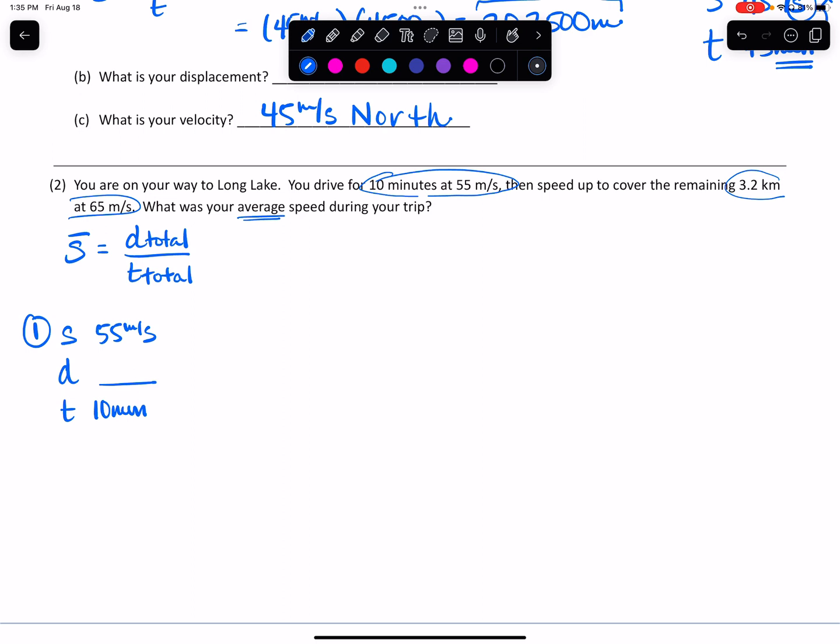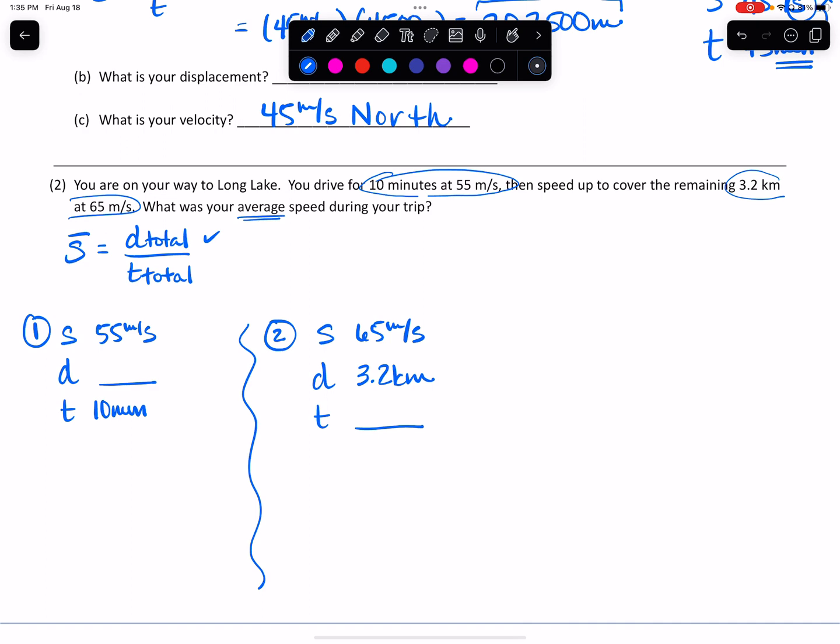For leg number two, I travel 3.2 kilometers at 65 meters per second. So I know the distance this time, but I don't know the time. So I'm going to have to find the distance for leg one and the time for leg two, and then I'm going to be able to find D total and T total.